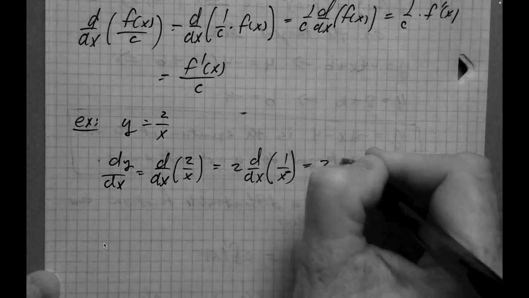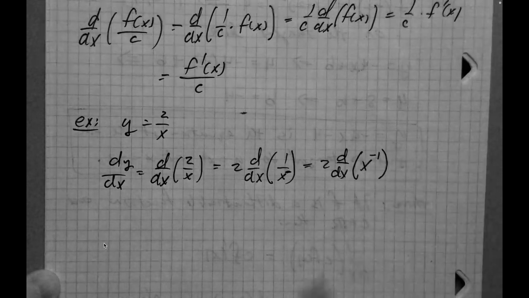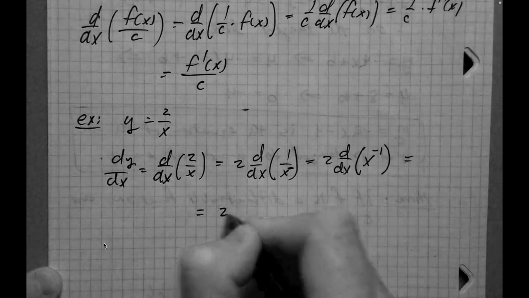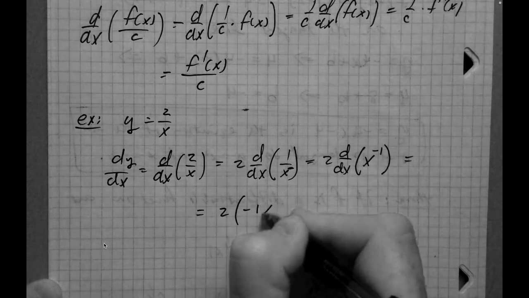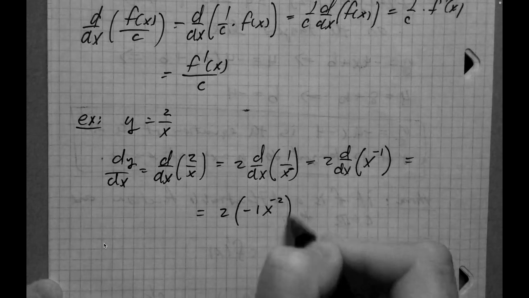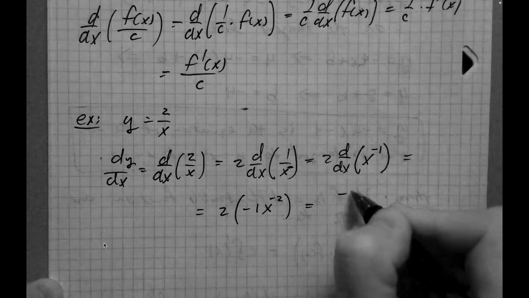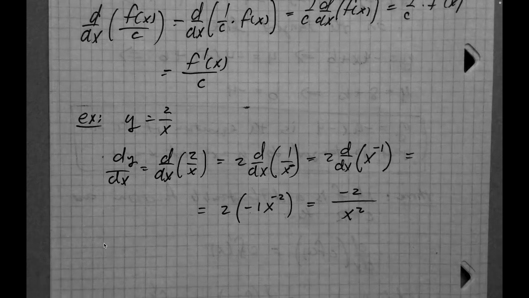You can bring that x to the negative 1 into the numerator, and then you can really easily just use the fact that this is like an x to the n. So it'd be negative 1 times x to the n minus 1, so it'd be negative 2, right? And there you have it. You can clean that up: negative 1 times 2 is negative 2, and then x squared down below. All right, so there's that one.